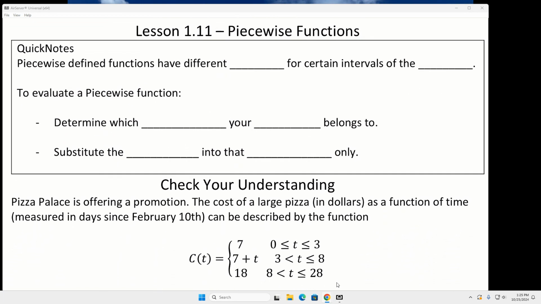All right, so piecewise defined functions have different rules for different intervals of the domain. So we'll have multiple pieces to tell you what to do for different parts of the domain. All right, so to evaluate, you're going to determine which interval your input belongs to.